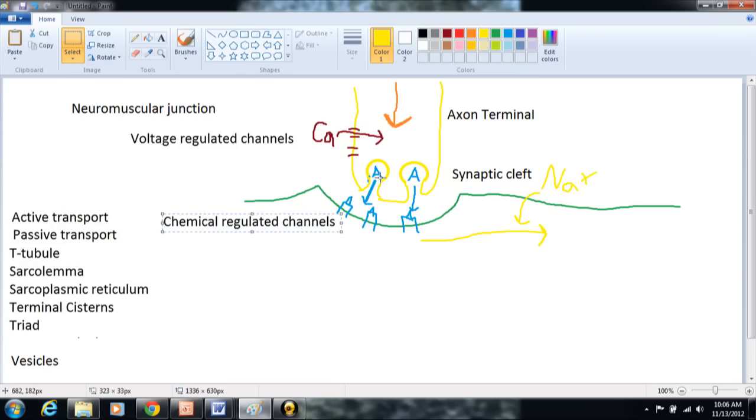They are stimulated by a chemical, our neurotransmitter acetylcholine. So, acetylcholine causes this signal to be passed across the sarcolemma. The sarcolemma is the plasma membrane of the muscle cell.